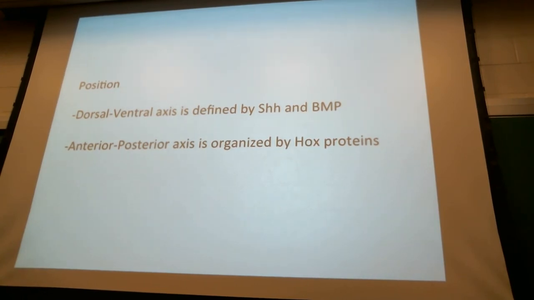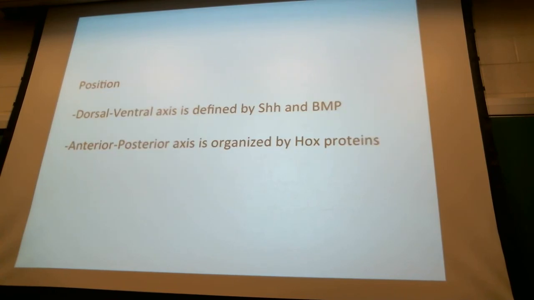So if you look at cortex, they did this experiment. They injected radioactive material, actually radioactive nucleotide, at different time points of the development, and then looked at where it ends up. And here's the cortex. Cortex has layers, usually 6 layers. And if you look at the radioactivity, the area injected early ends up in a deep layer.